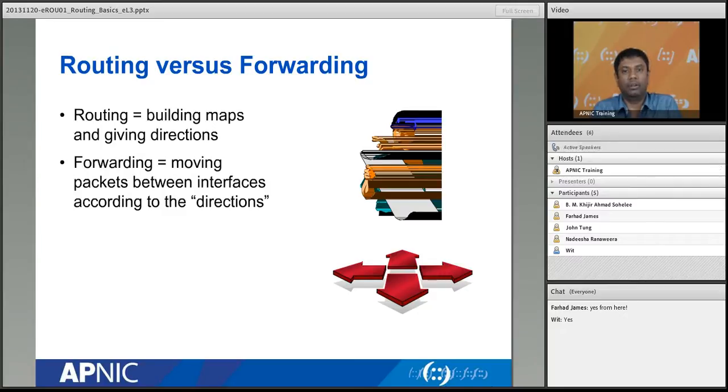The routing table is sort of a top-level view, and it can tell you where the next hop is, and the next hop can be an IP address. Then, to go to the next hop, which interface the router can use to send the packet across is the job of the forwarding table. Okay.